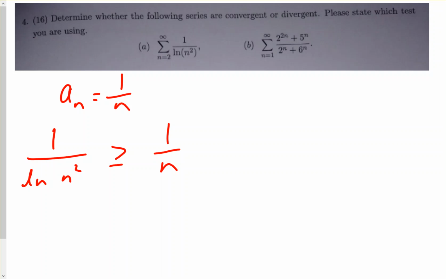Okay, so here we know that if we had the series of 1 over n, we know that this diverges, right, by the p-series test.